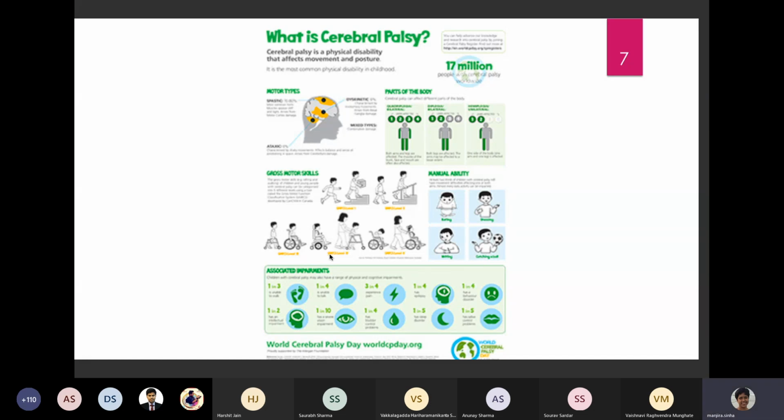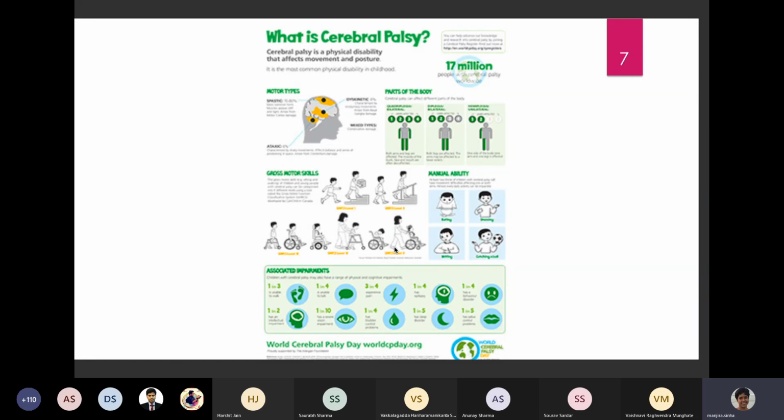In the fourth level, they can use an automatic or mechanized wheelchair, or if they are walking using a walker, they need the support of a caregiver.